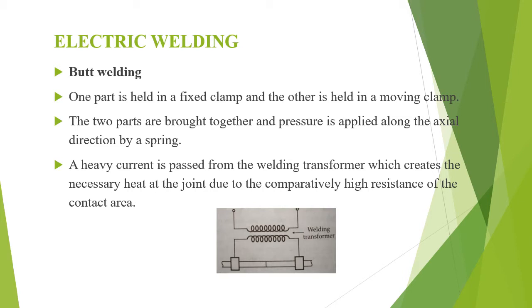The heavy current is passed from the welding transformer, which creates the necessary heat at the joint due to the high resistance of the contact area. Rods, pipes and wires can be welded by this process. Due to the pressure of the spring, the molten metal is forced out, producing a bulged joint.